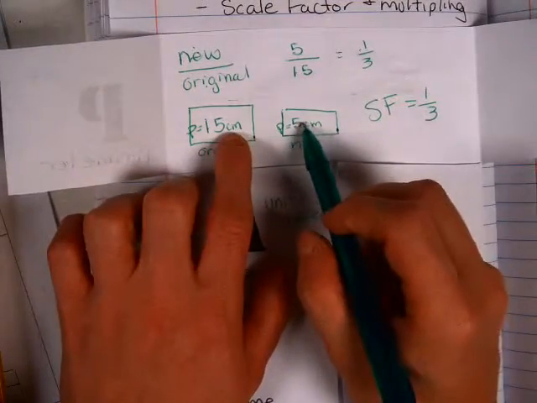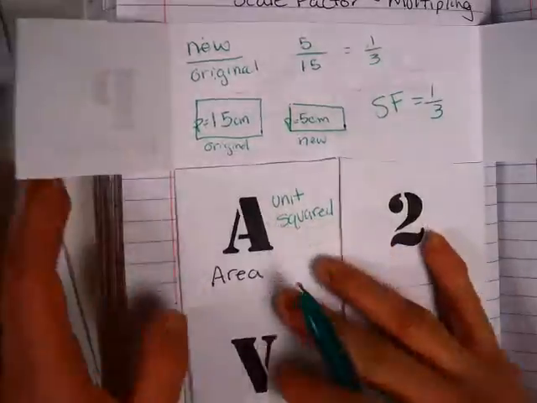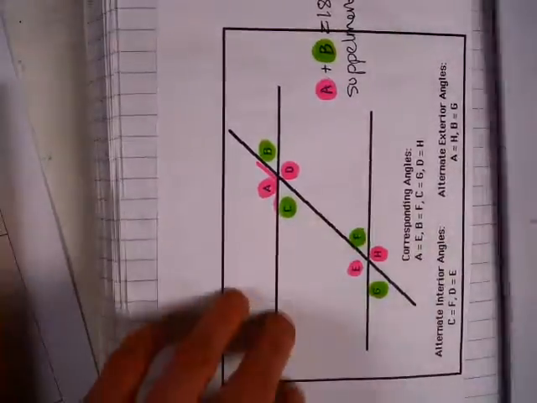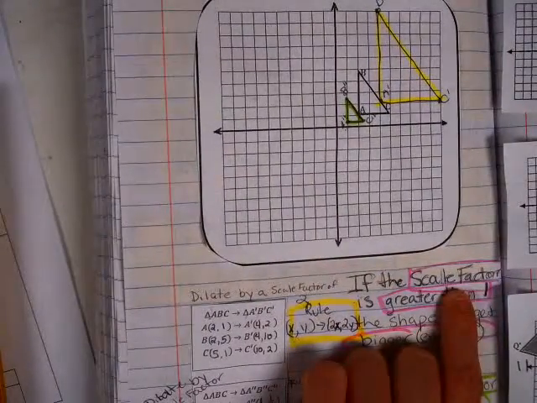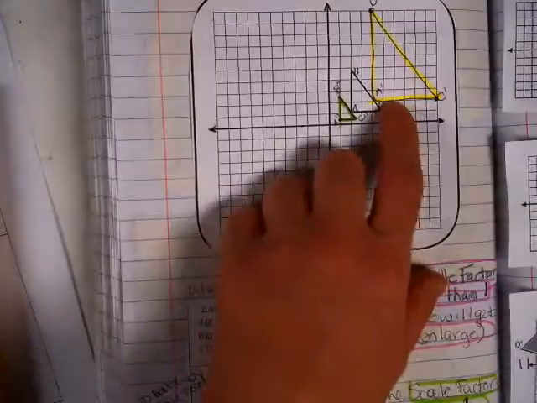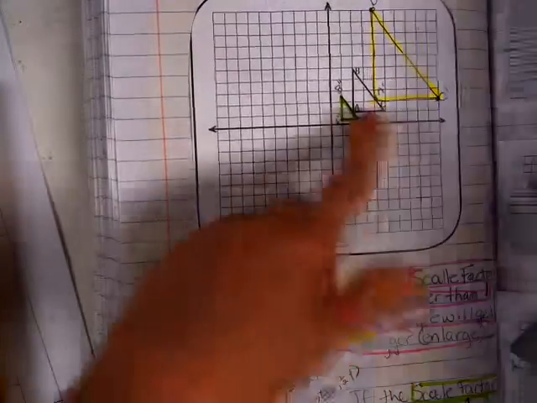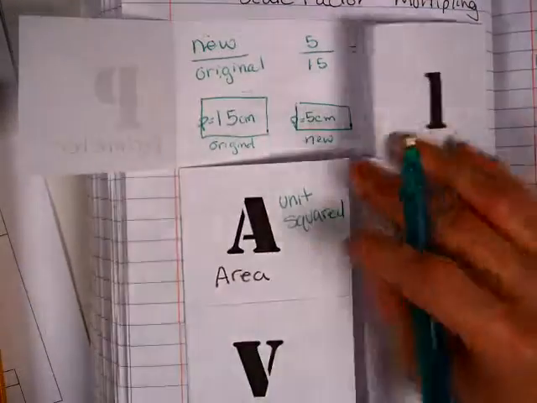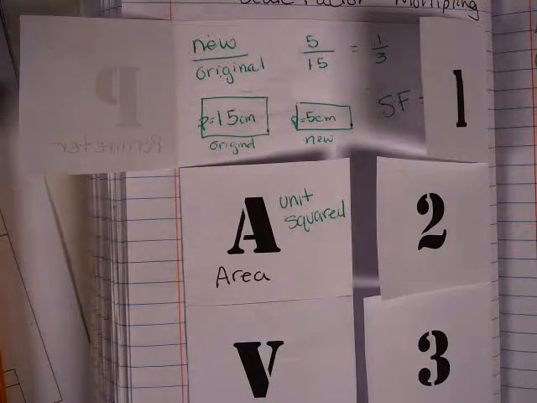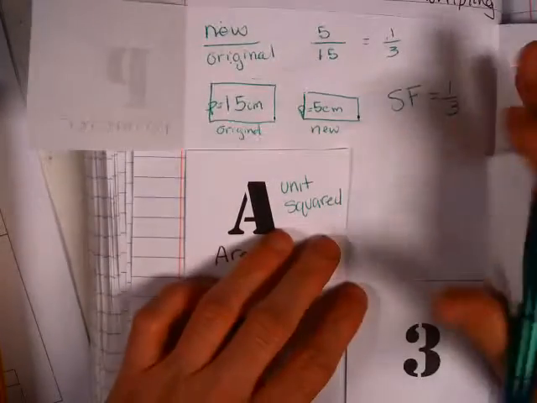This works. Remember when we did dilations, we had to be given the scale factor. Well, if we're not given the scale factor but we're given a dimension, this is what we have to do. It's all the same stuff, it's just applying it. What did they give us?